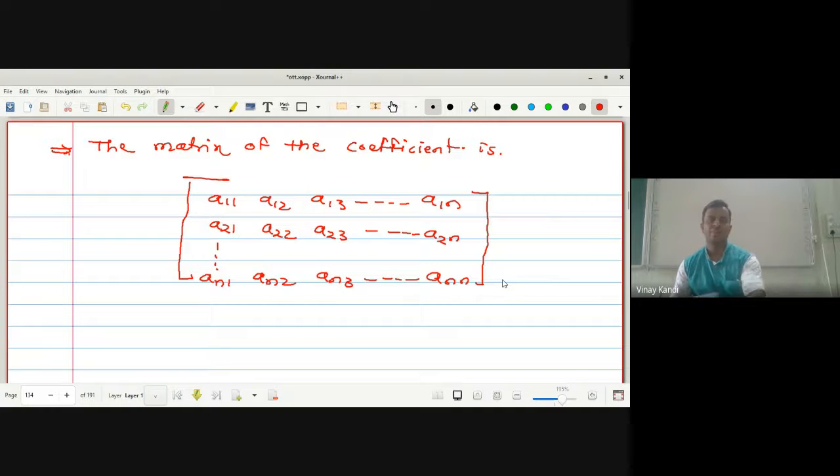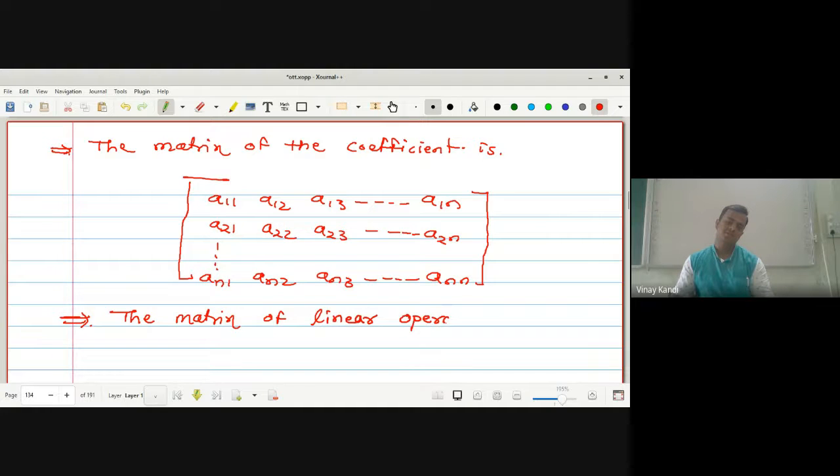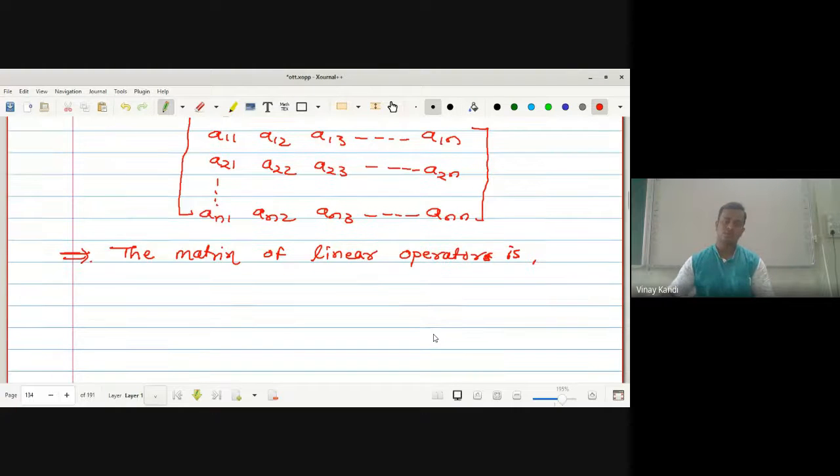And if we have to find the matrix of transformation or matrix of the operator, the matrix of the linear operator is equal to the transpose of the coefficient matrix.